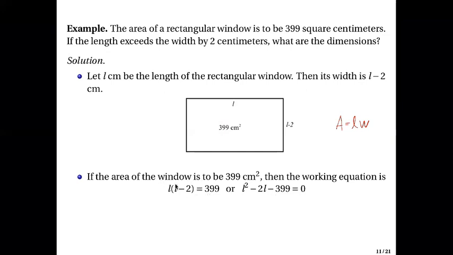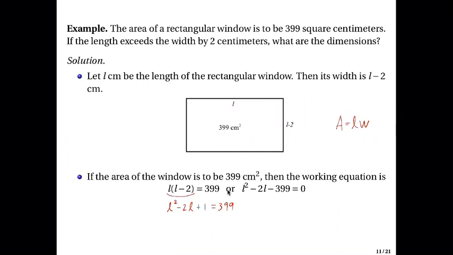Just for fun, let me continue from here using completing the square. Suppose I am here, I distributed this, you will have L squared minus 2L equal to 399. What I'm going to do is to add 1.